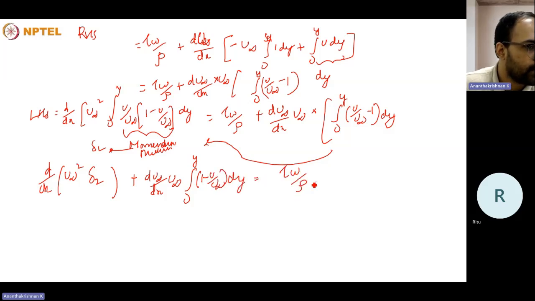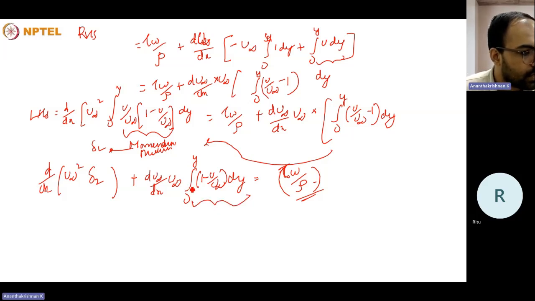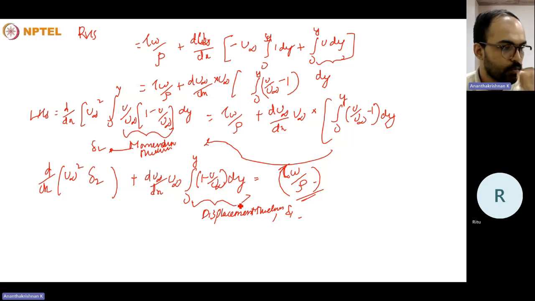That will be equal to tau rho by rho, that is wall shear stress divided by density. This term, integral 0 to y of 1 minus u by u infinity dy, is called displacement thickness, delta 1. This corresponds to the mass balance that happens between two y units that are far away from the surface.